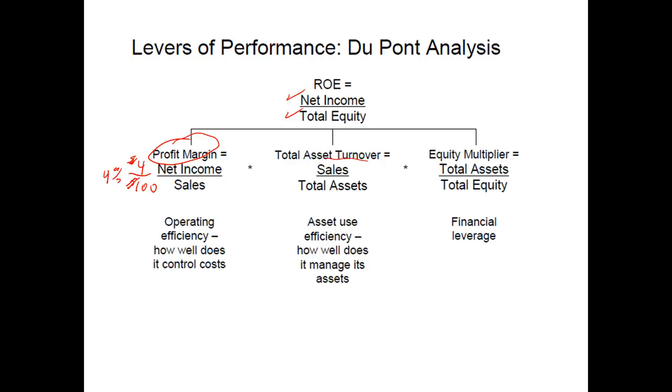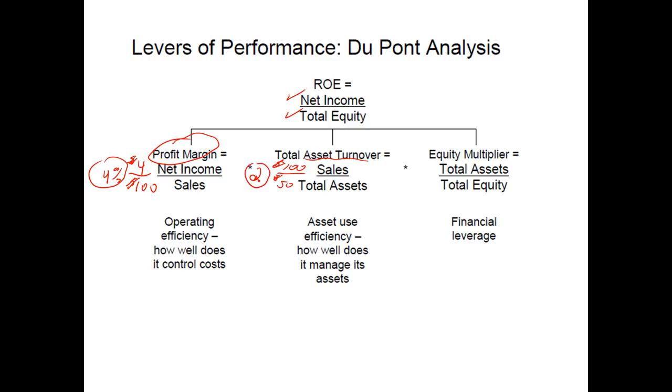Asset turnover is a productivity measure. What are you getting out of your assets? And so let's say, for example, again, we have $100 in sales and you have 50 in assets, then your asset turnover measure is going to be 2.0.